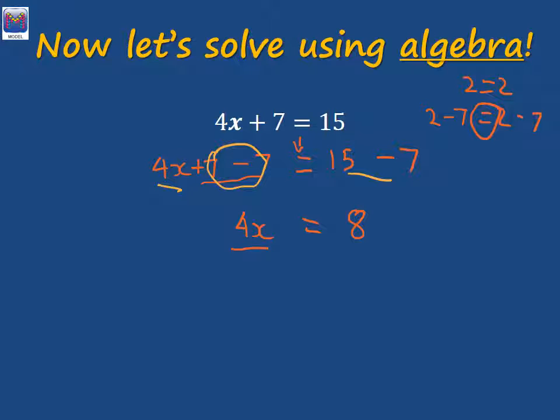The opposite of that is divide by, so I divide by 4, and the reason I do that is because these are going to cancel out, because 4 divided by 4 is 1, which is just 1 times x, which gives me x. So if I divide by 4 over there, I've got to do it here. 8 divided by 4 is 2. The orange writing there is a good way to set it out. Notice I've tried to keep my equal signs lined up down the page there.